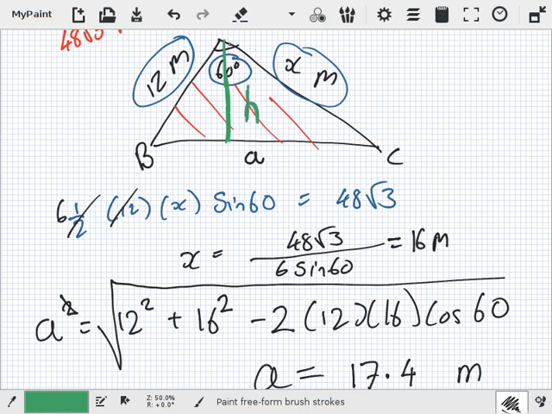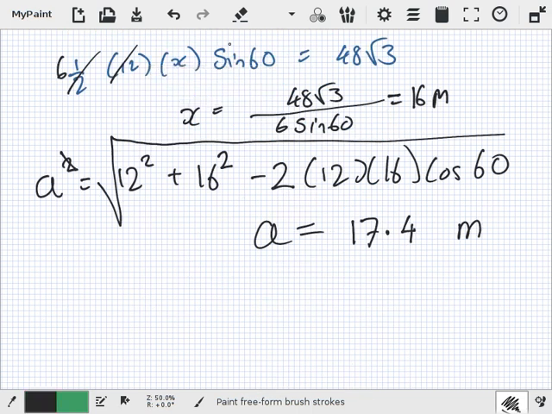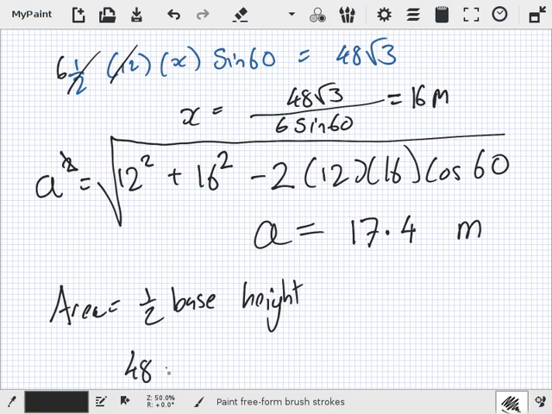Okay? Now, the easiest way I think to get that is to use the formula that the area is a half the base by the height. So in this one here, the area is 48 root 3. What's the base? That's going to be this number we just got here. A half the base, and the height is the thing that we want.